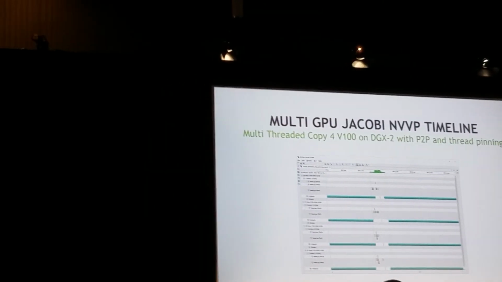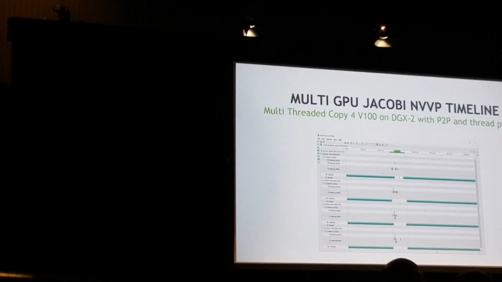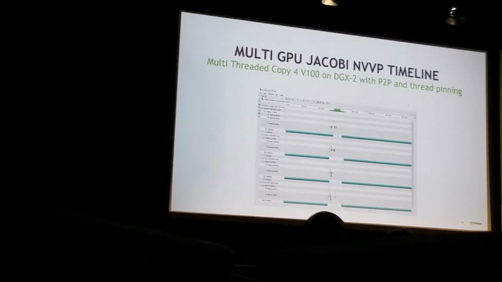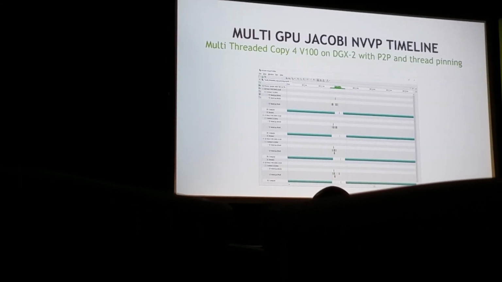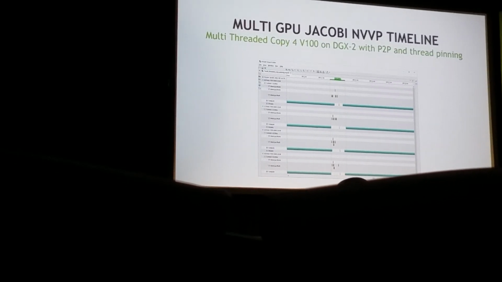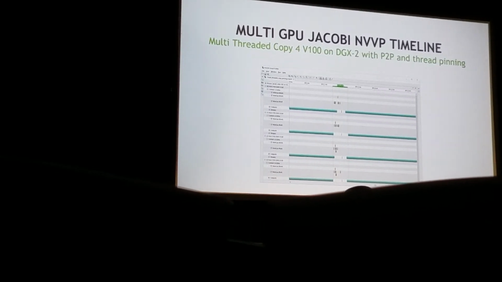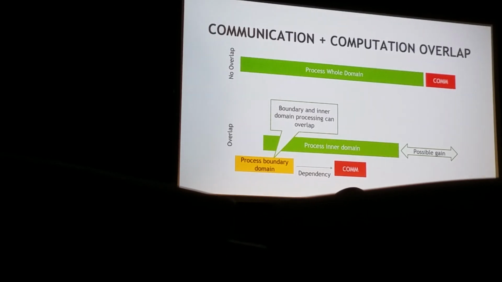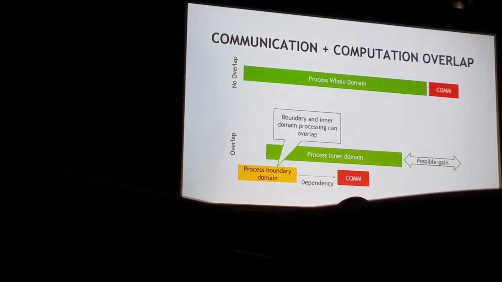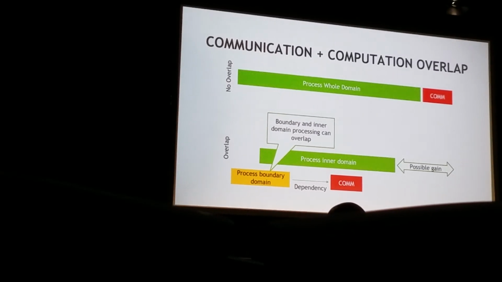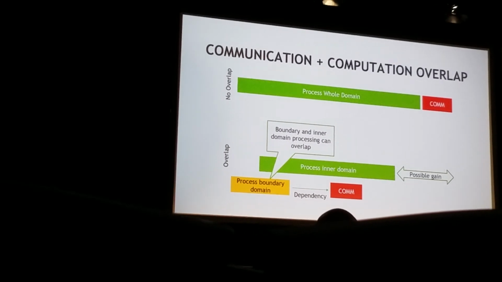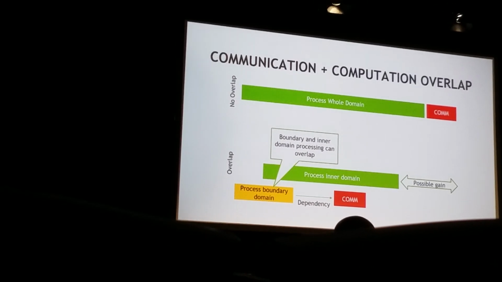As I told you initially, this is a massively parallel problem, so it doesn't matter in which order we are processing our interior domain. So we could just split it up into a boundary part, which we process first, just the first row and just the last row, and an inner domain.